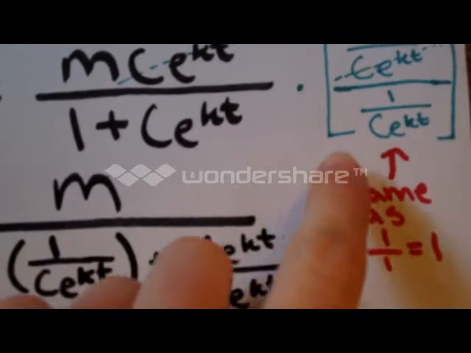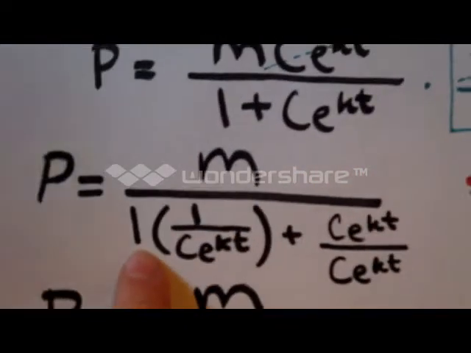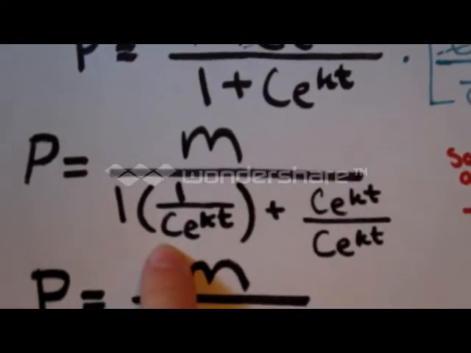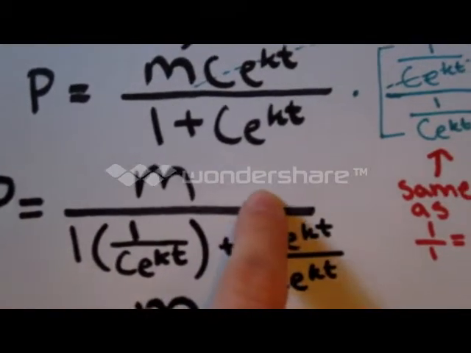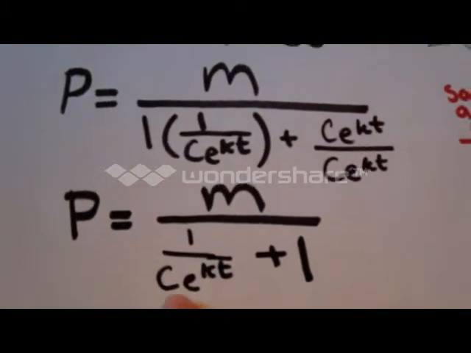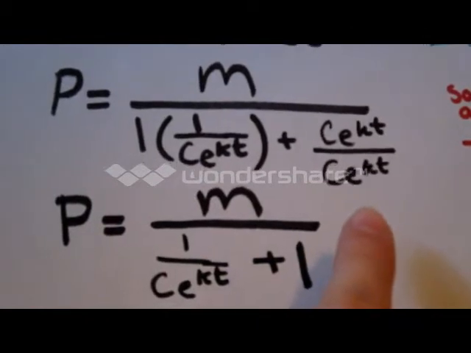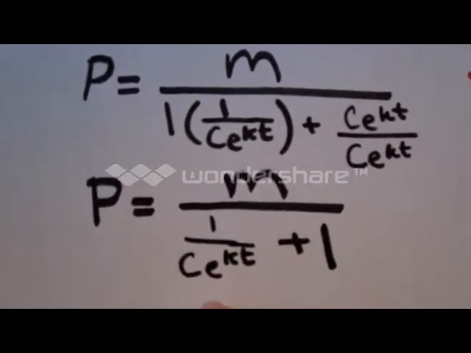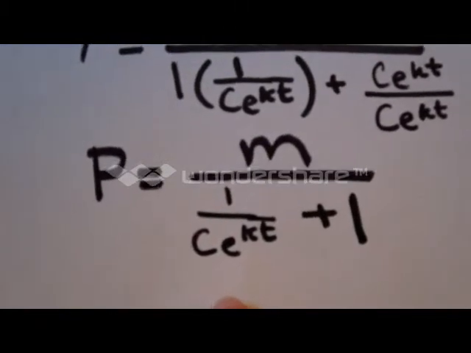And this 1 over ce^kt is multiplied by the 1 here, so you have M over 1 times 1 over ce^kt, and this ce^kt over the ce^kt. So simplify that, ce^kt over ce^kt is the same as 1, so it's P equals M over (1 over ce^kt plus 1).